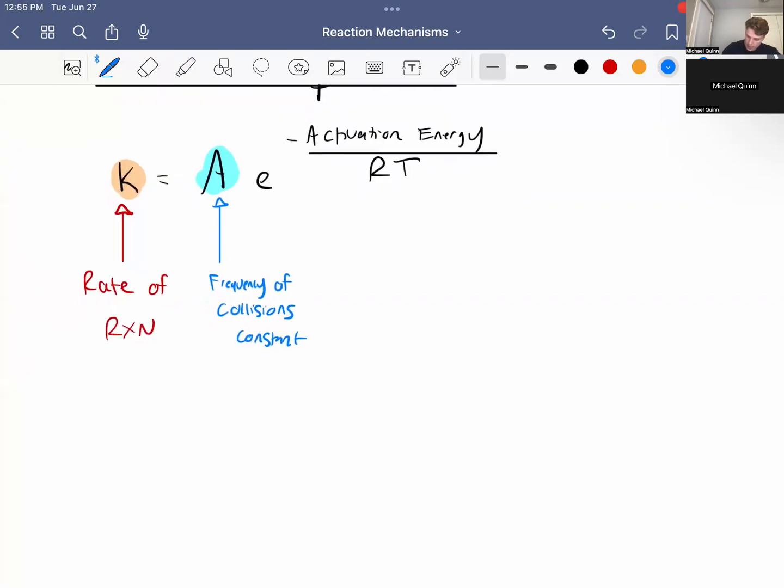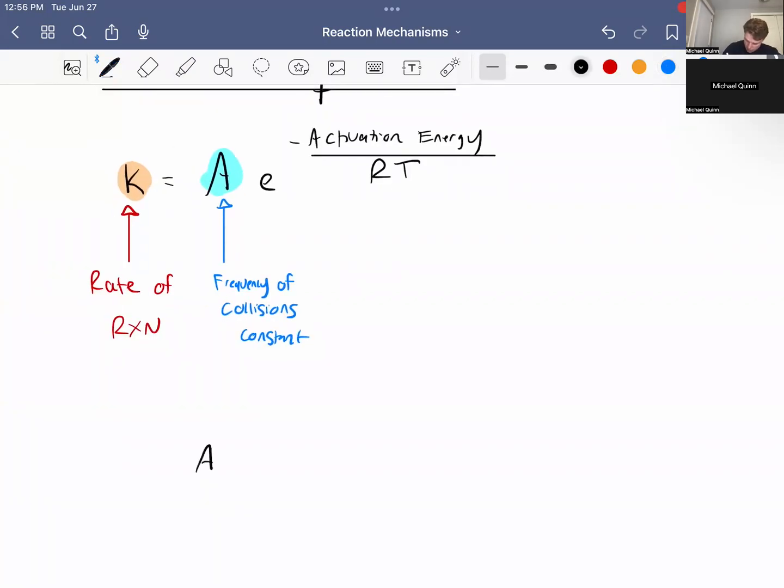So if we have the reaction A plus B goes to C plus D, in order for this reaction to occur, A and B need to come in contact with each other in the correct spatial orientation in order for them to fit together and form our products. So this factor A tells us how frequently we can find A and B molecules in this reaction coming together in the correct spatial orientation to form our products.